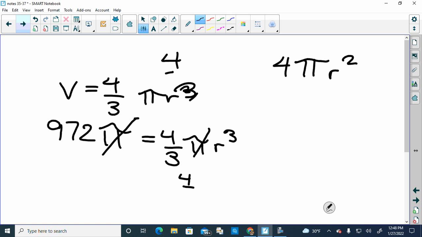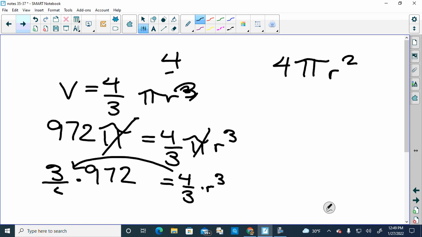This is 4/3 r cubed, and we've got 972 on the other side. To get this to the other side, this is times. Opposite of times is divide. And when I divide with a fraction, I flip it. So when I take this over to the other side, the reciprocal is the word that you use. We're going to flip it to get the r by itself.